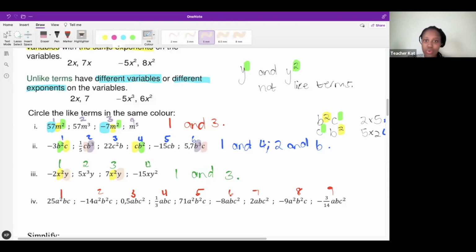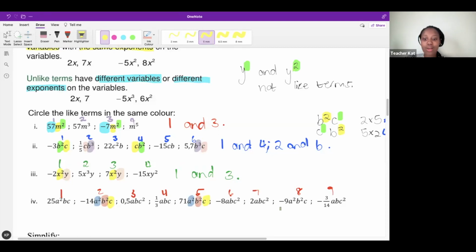Let's check 2 and 5, 6 and 7. Oh, there's a lot of like terms going on here. Let's see. 2a squared, 5a squared. Okay, so far we're doing well. B squared, right? 1c, 1c. So 2 and 5 are indeed like terms.